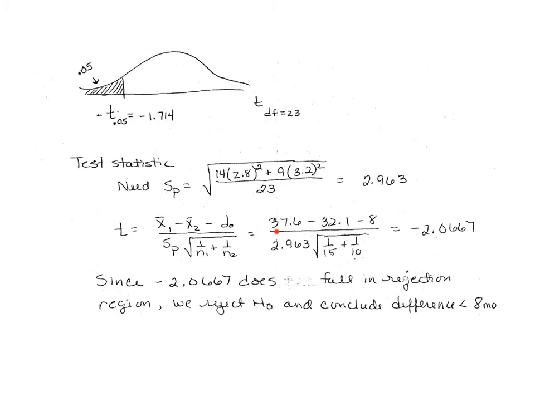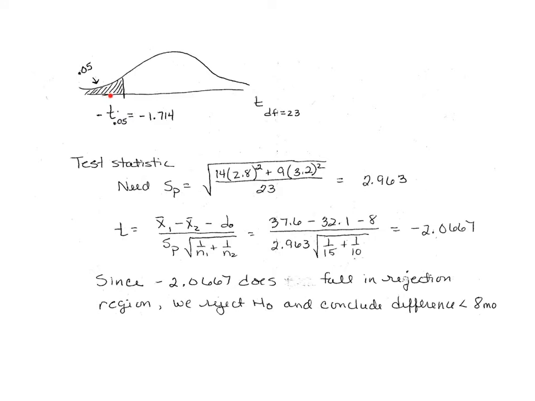So we have 37.6 minus 32.1 minus 8, divided by the pooled standard deviation 2.963 times the square root of 1 over 15 plus 1 over 10. And we get negative 2.0667.